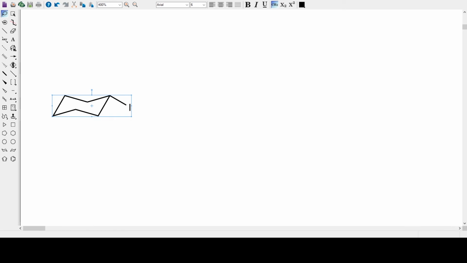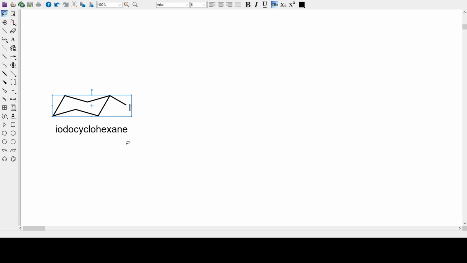If you want to know the name, you go to structure, you go to convert structure to name. Why is it not working this time? Let's retry. Maybe I have a bug, but normally convert structure to name, you have the structure. Okay, now you have the official name.